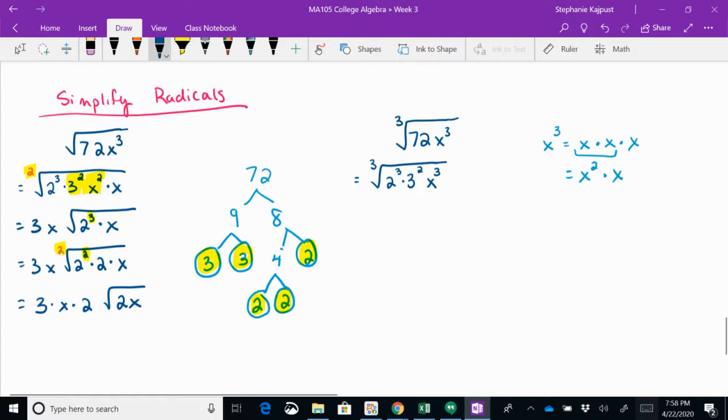I have no exponents, so that's simplified. In front, I've got this 3 and the 2 that I can multiply together. That will give me 6x, and then the square root of 2x. And it's gross, as most things are when you have square roots, but it is technically simplified.